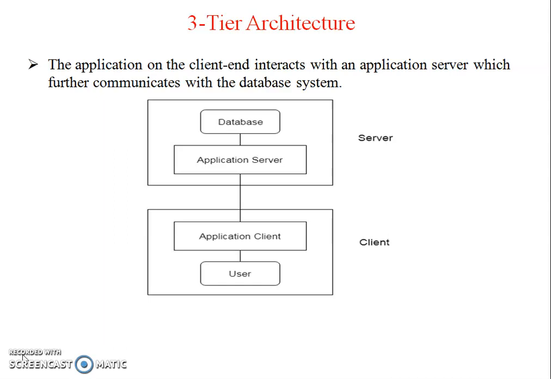The end user has no idea about the existence of the database beyond the application server, and the database also has no idea about any other user beyond the application. Three-tier architecture is used in case of large web applications.